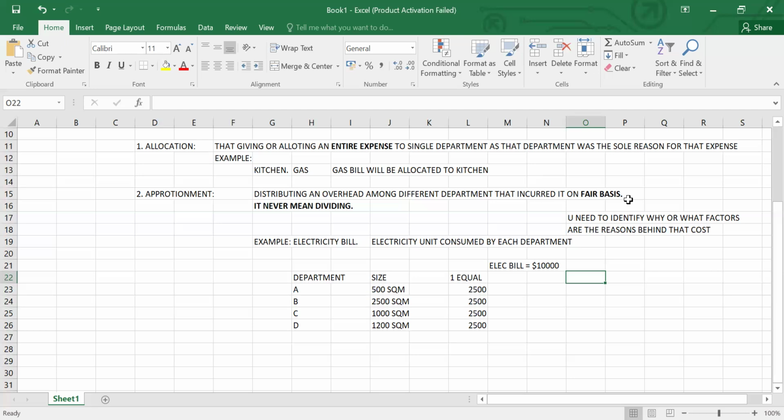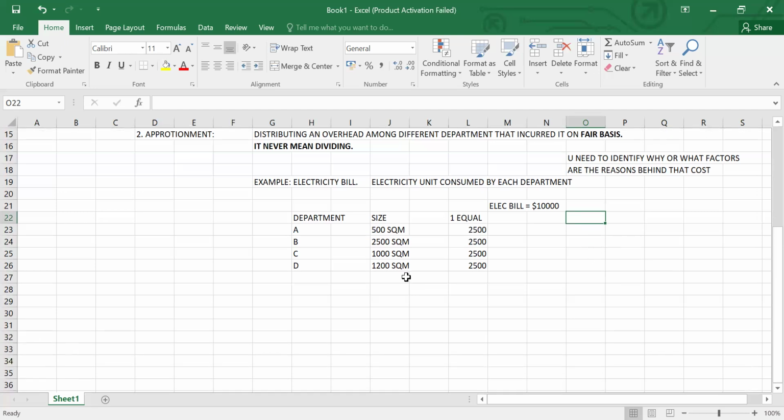Right. So now the next question arises: we have identified the fair basis, we have identified the reasons, everything is done. But how are we going to calculate that? How are we going to get the answers of the division of this $10,000? So there are two methods for that.